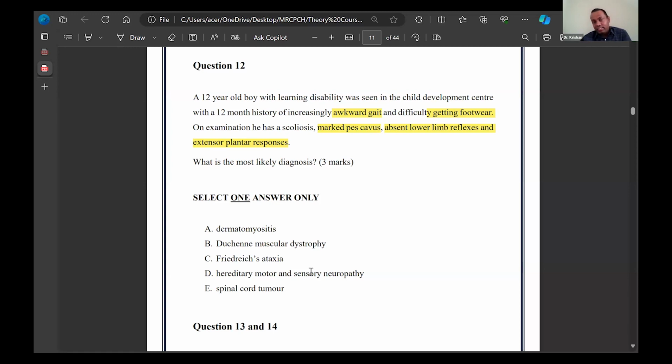Yeah. So this is Friedreich's ataxia, right? So what happens in Friedreich's ataxia? It's a progressive neurological disorder and autosomal recessive, right?